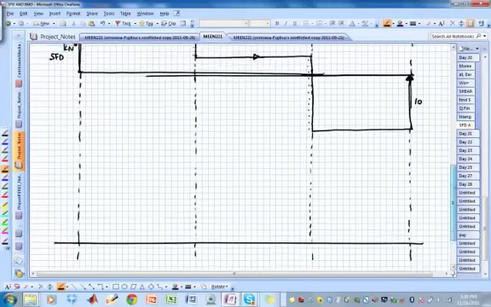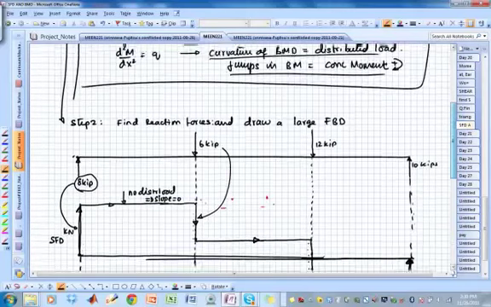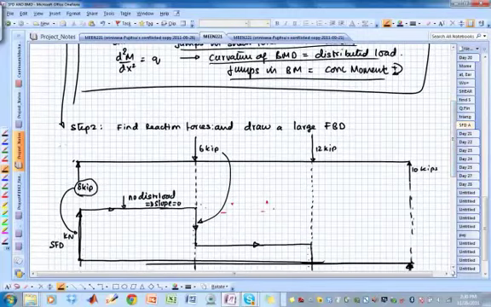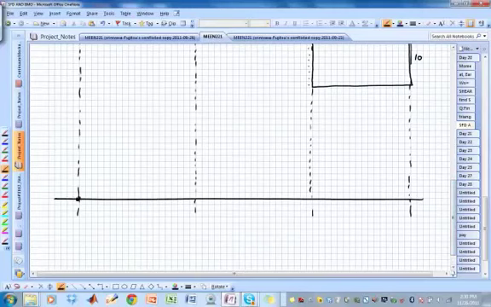Okay, so for the bending moment, I go back to the load diagram. There it is. This is my load diagram. That tells me what the loads are. Notice that there is no concentrated load here, so the bending moment will start at 0.